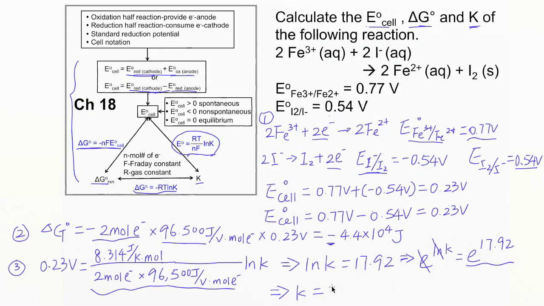Do this one on your calculator, you will get 6.0 times 10 to the 7. Again, it's a huge number. From this huge number, we can tell that this is a product favored reaction. It matches with our conclusion based on the delta G and the Ecell: spontaneous process. It will go to the product side automatically. So this is a product favored reaction.